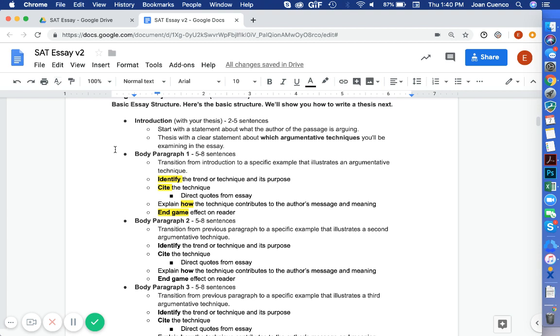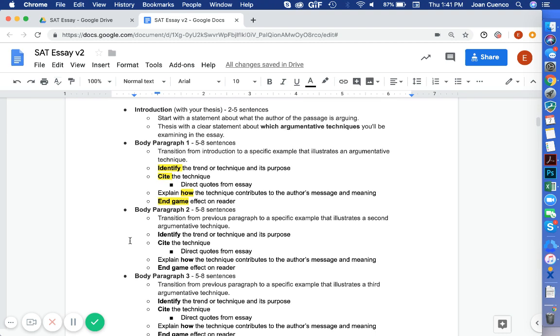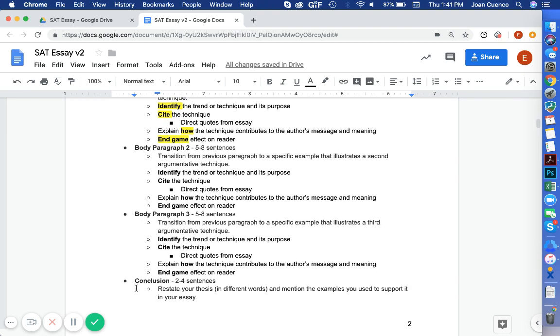Then you'll go on to discuss in 3 body paragraphs, 1 technique per paragraph, and then you'll conclude with a brief, maybe 2-3 sentences that just recaps your thesis and the techniques used to accomplish the author's point.